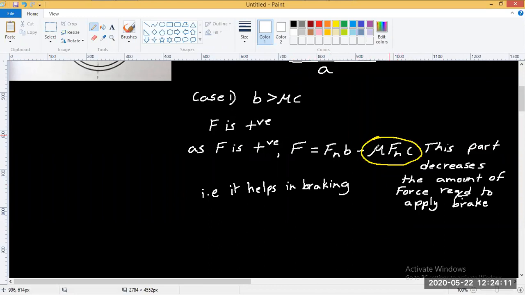Both increase the probability of reducing the force that is needed. And this is a required condition. Okay, so this condition is known as self-energizing.